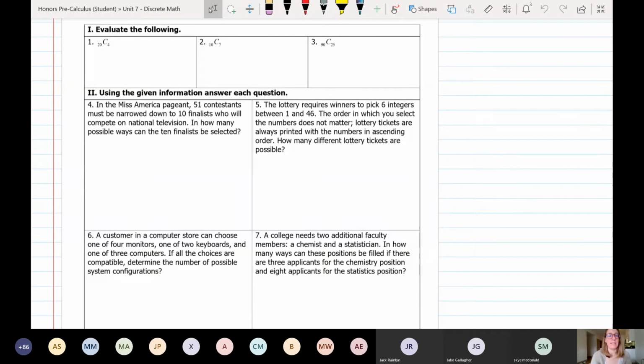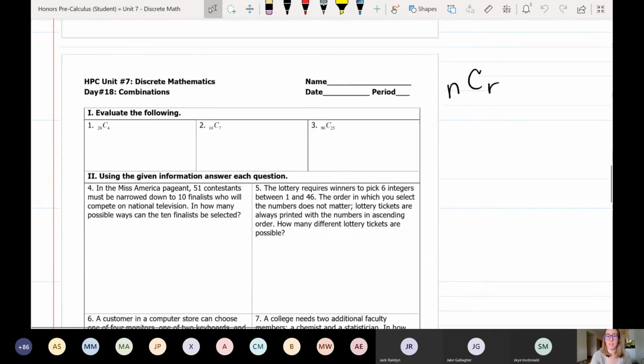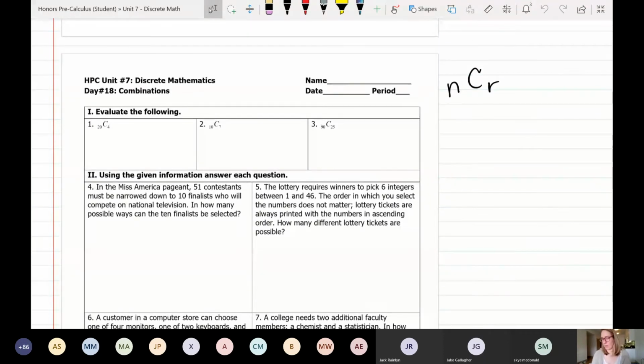Now, sometimes when you see nCr, if you go into college and you do any kind of probability class, or even depending on your calculus teacher, you don't really get too much into this until the very end of that first year of calculus or the beginning of the second year of calculus. So this is kind of getting you into the more advanced pieces of calc.